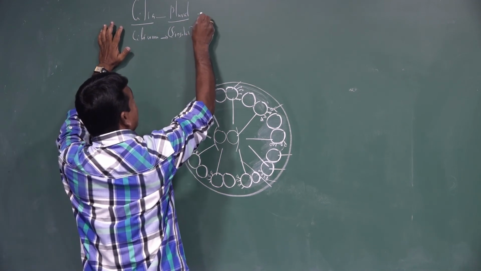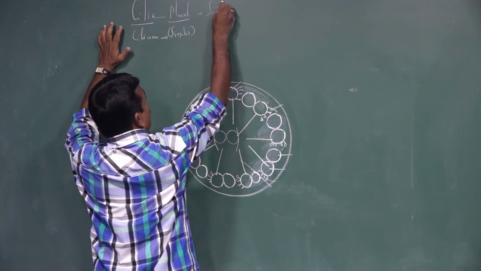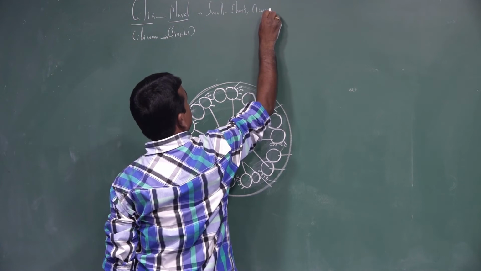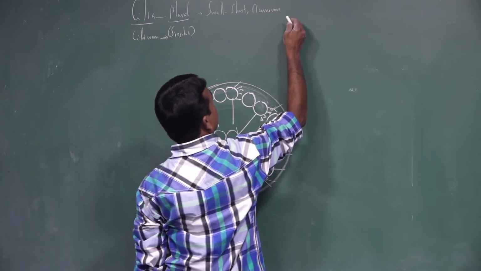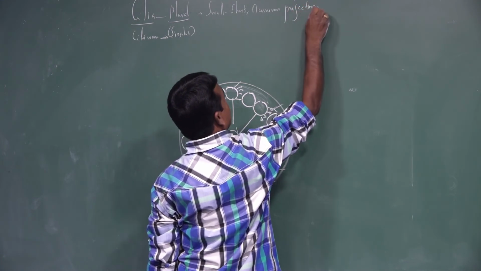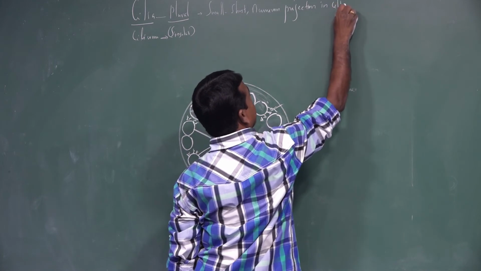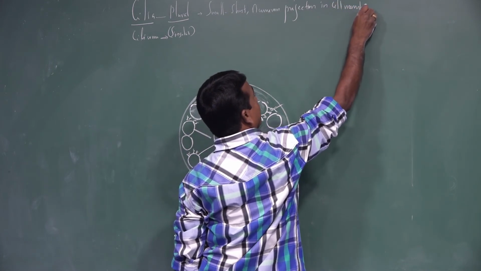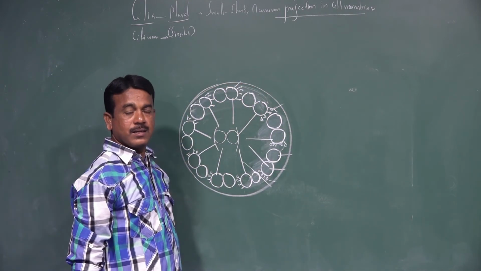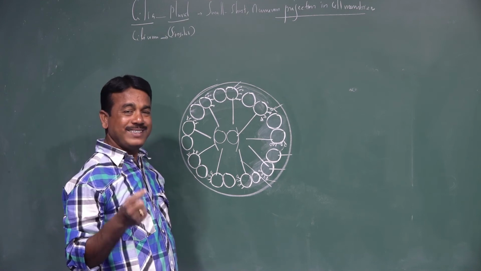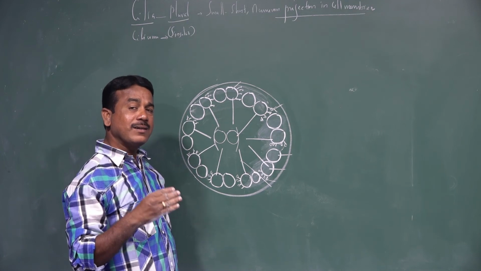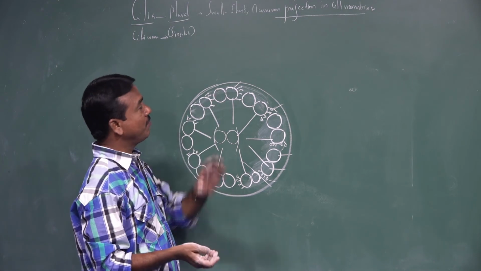Cilia are small, short, numerous projections of the cell membrane. Compared with flagella, cilia are small, short, and numerous, occurring as outer projections of the cell membrane.